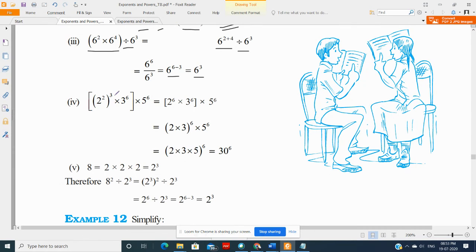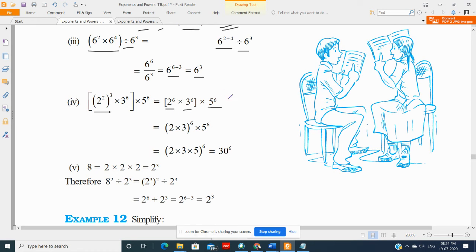Next sum is 2 square whole cube into 3 raised to 6 into 5 raised to 6. So first of all, we'll settle this. Okay, we'll solve this. So power of power means 3 2s are 6. So that's what we have done here. 3 raised to 6, copy paste. 5 raised to 6, copy paste.